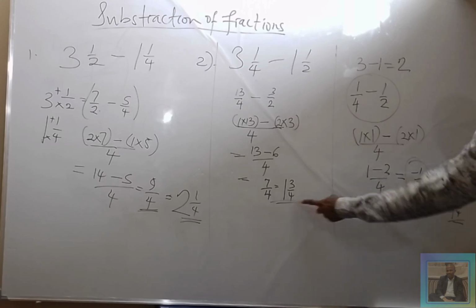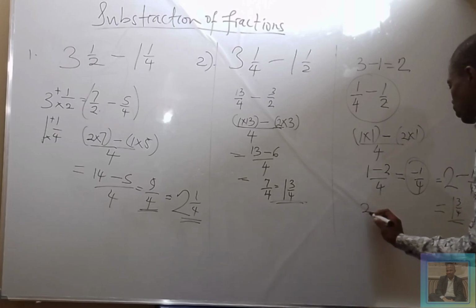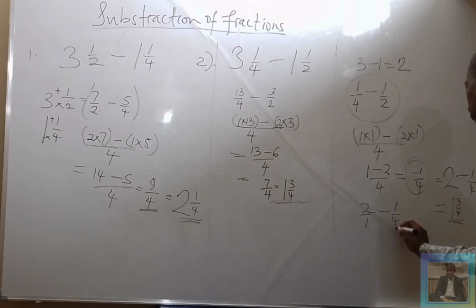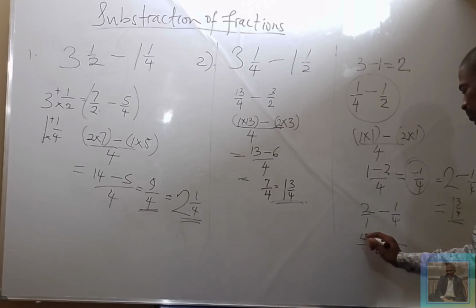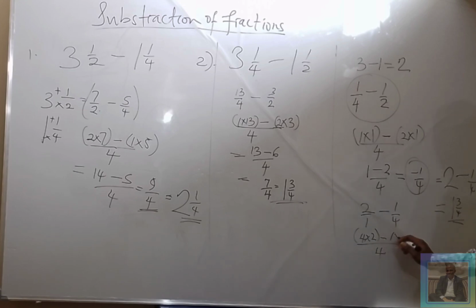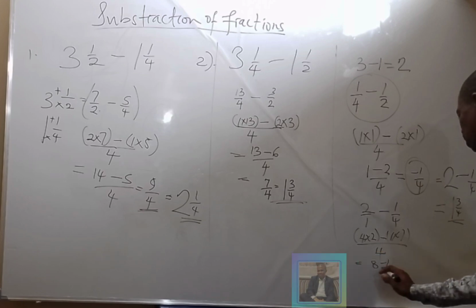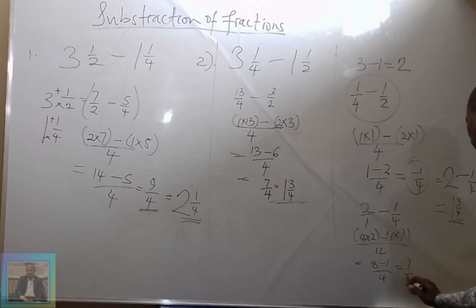How do we do that? 2 over 1 minus 1 over 4. The common denominator is 4. How many 1s are in 4? 4. 4 times 2, minus, how many 4s are in 4? 1. 1 times 1. That gives us 8 minus 1 over 4, which is 7 over 4, which is 1 and 3 over 4. You can see that this answer is the same as the earlier one, but it's longer, because initially we had a negative quarter, and then we have to take the quarter from the integer.